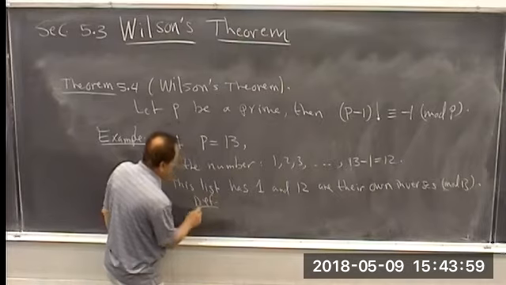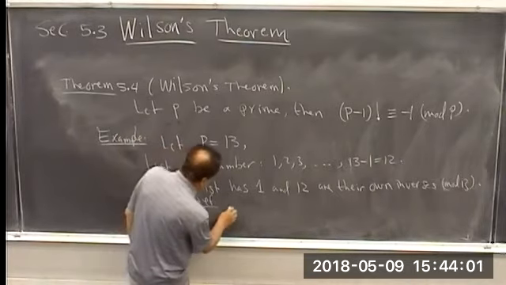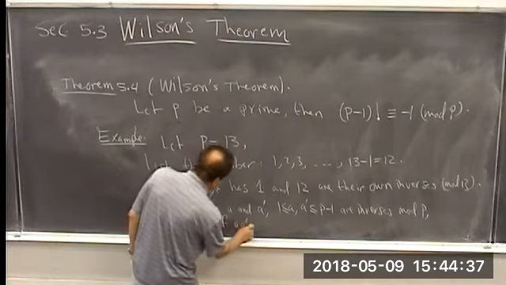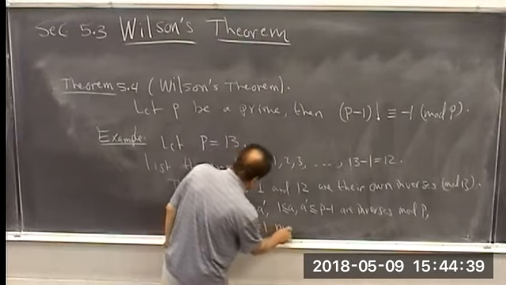Two elements a and a prime, between 1 and p minus 1, which is a complete residue system mod p, are inverses mod p if, in general, a times a prime is congruent to 1 mod p.